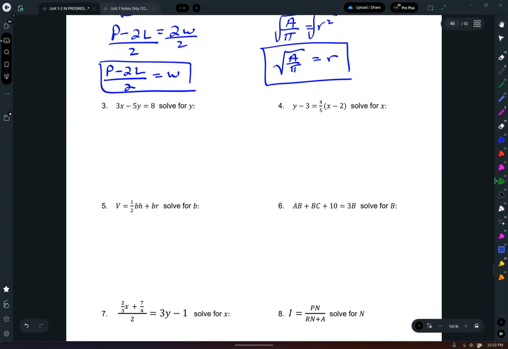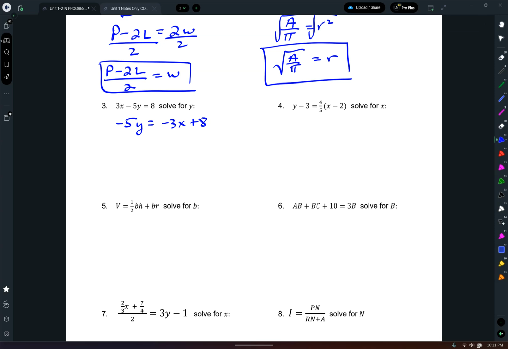Okay. Number 3, you have been doing this since Algebra 1. Remember when you would graph lines, y equals mx plus b, and in order to do that, you had to solve for y? That's exactly what this one is. So if I solve for y, negative 5y equals, you can either write the negative 3x in the front plus 8, or you could have put that minus 3x at the end. It really doesn't matter. I'm going to do it this way because that's kind of how we do it when we're graphing lines.